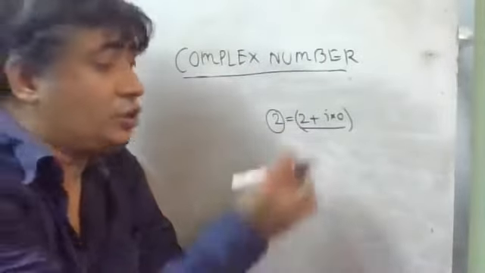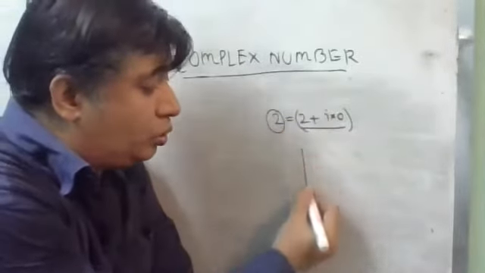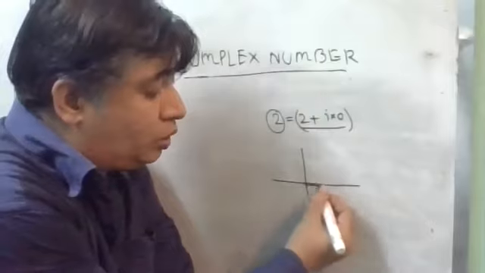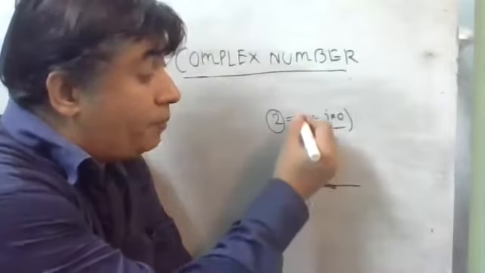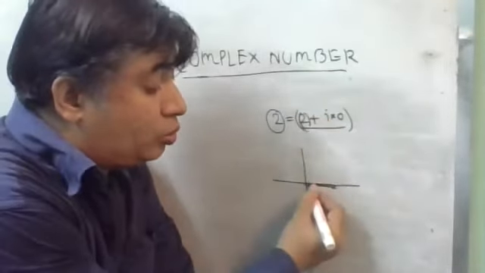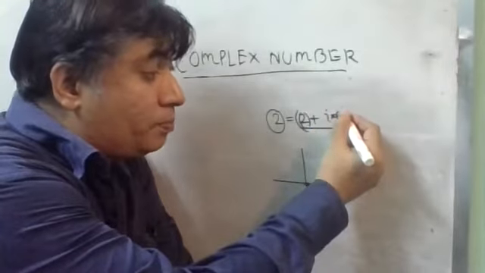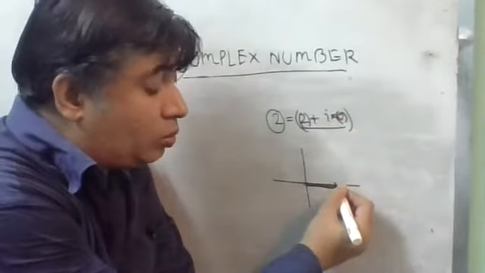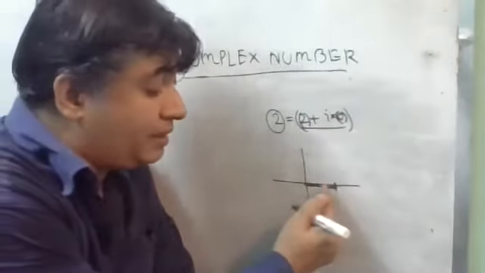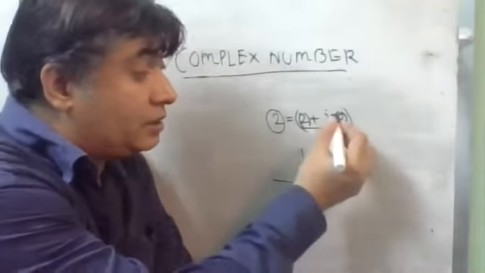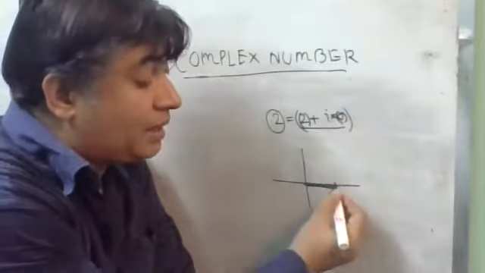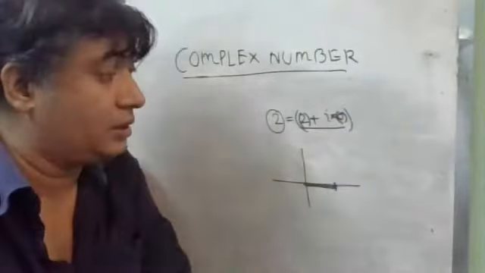So if the real part is 2, real component 2 goes along the x-axis, and the imaginary component is 0. That means it lies on the x-axis only.